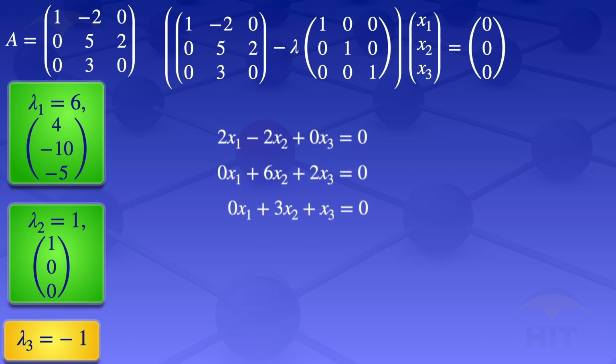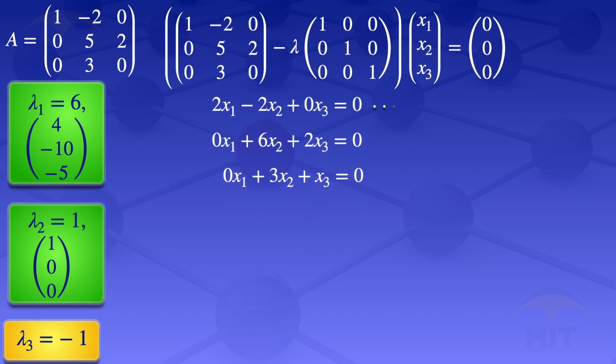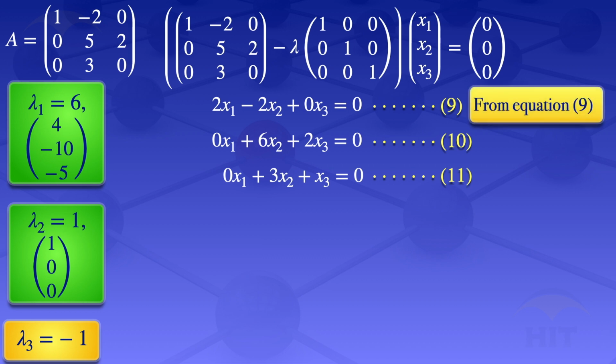So we have those three equations, and I'll call them equation number 9, equation number 10, and equation number 11. From equation number 9 there, we'll be having 2x1 minus 2x2 is equals to 0, because the other part is 0. So we'll be having 2x1 is equals to 2x2. And write x2 in terms of x1, then we'll have x2 is equals to x1. So I'll call that equation number 12.